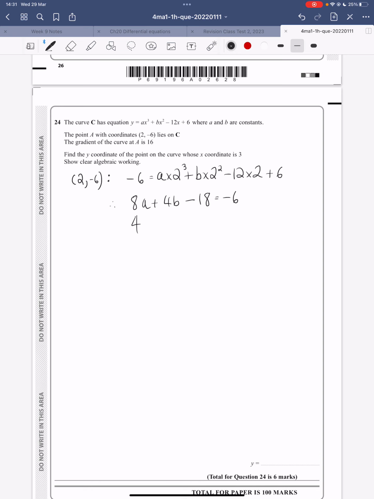Divide through by 2: 4a plus 2b minus 9 is minus 3. We can change that again: 4a plus 2b is 6. Divide through again: 2a plus b is 3.